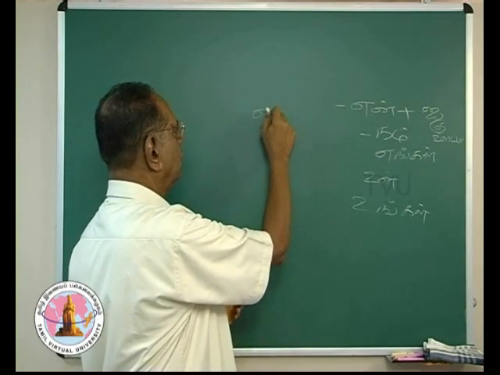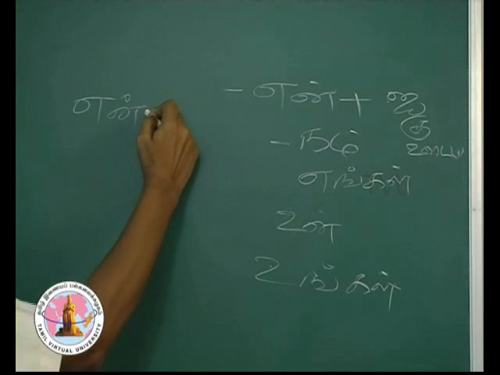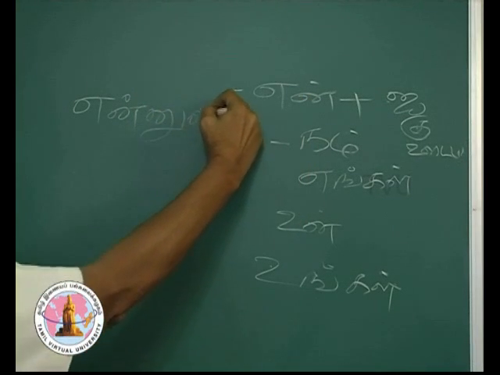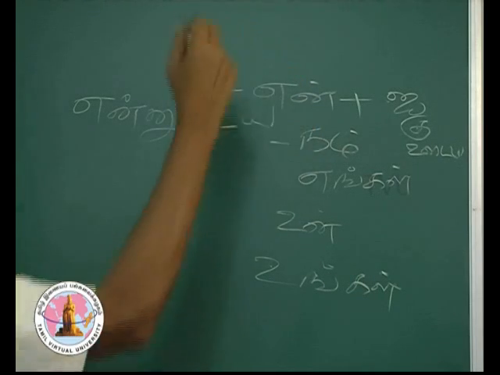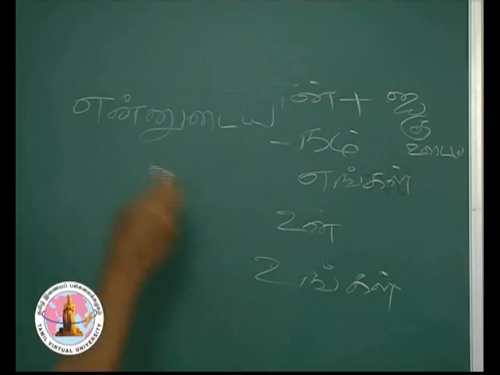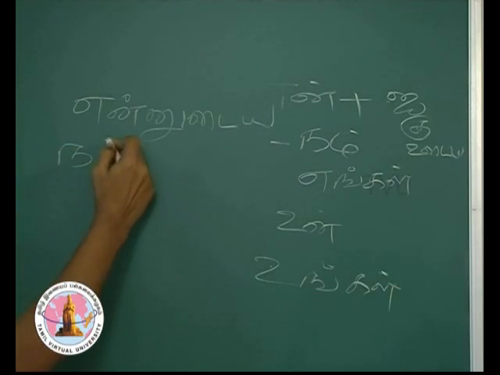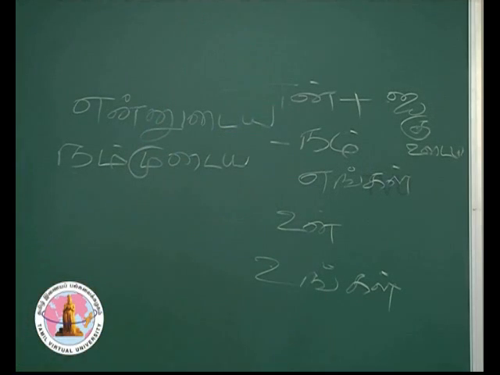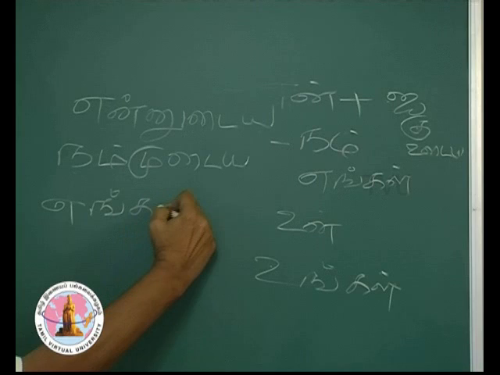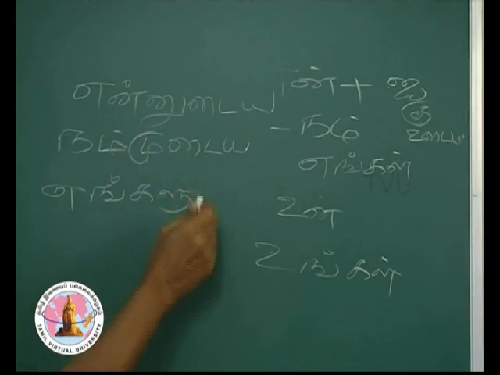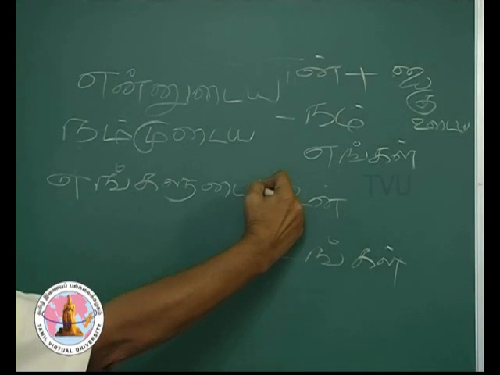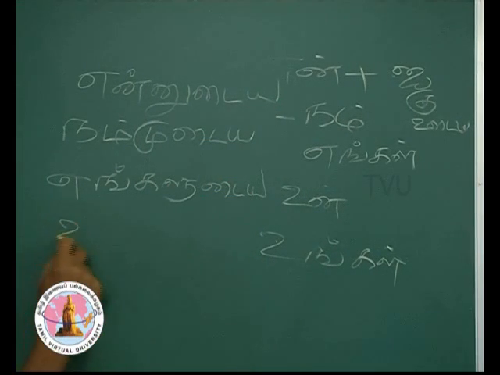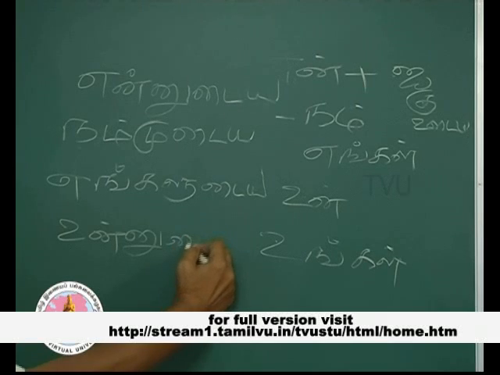What happened? This நான் became என்னுடைய, நாம் became நம்முடைய, நாங்கள் became எங்களுடைய, and நீ became உன்னுடைய.